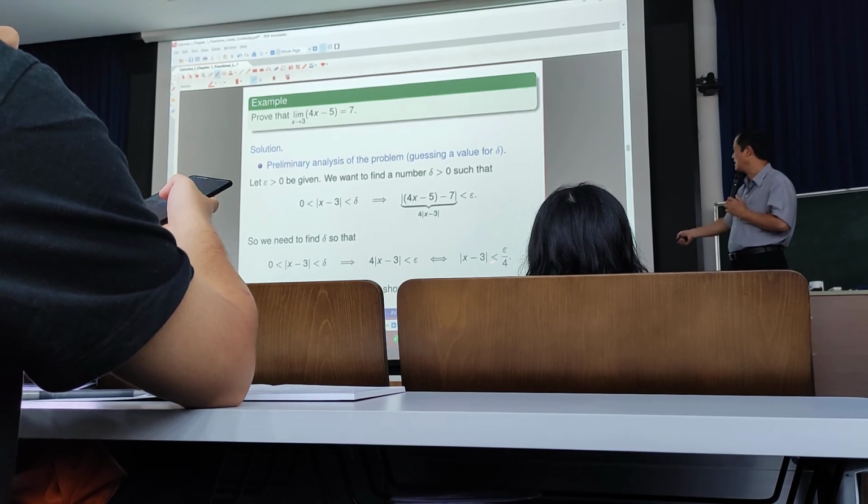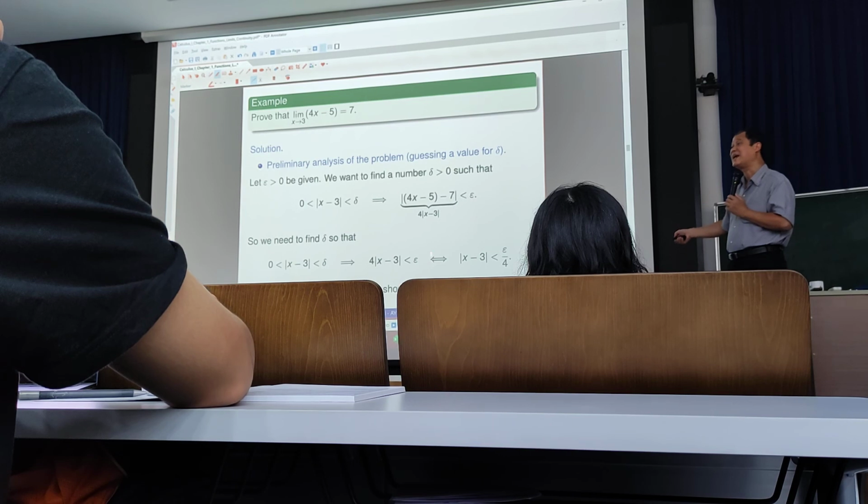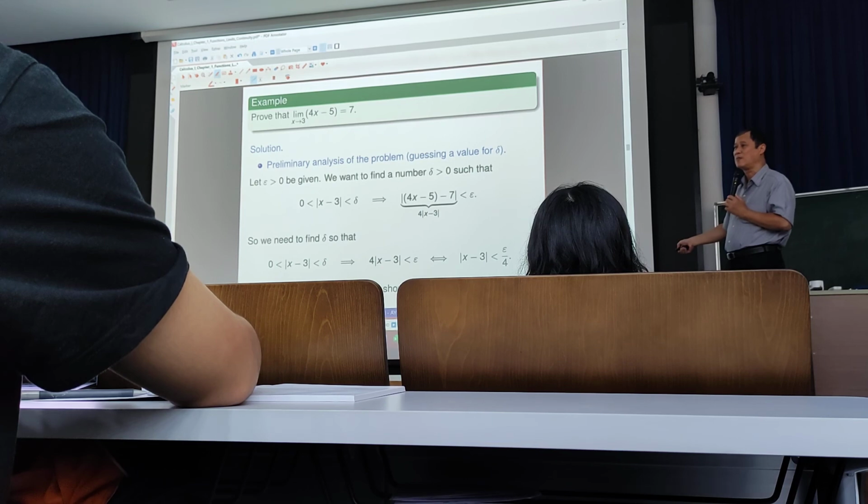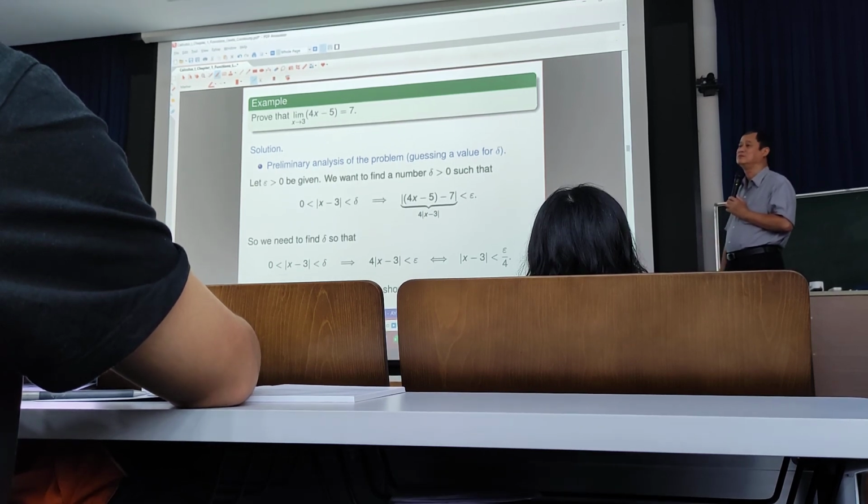You guess you can take delta as epsilon over 4. Actually, you can take any delta between 0 and epsilon over 4. Delta có nhỏ hơn cái này nhưng mà dương nó cũng vô, because this is less than delta, this is less than epsilon over 4. Right? Không phải một delta mà rất nhiều delta có thể có.